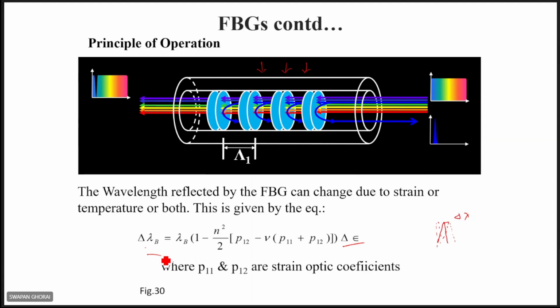I think now it is quite clear. Suppose from this side you are sending multiple colors, multiple wavelengths, right? But if the Bragg condition is satisfied for this blue violet, then the violet color is reflected back, while other lights are transmitted as such. You can see there is a dip in the violet color. Other wavelengths are transmitted.